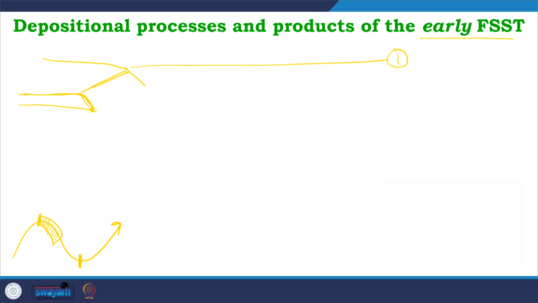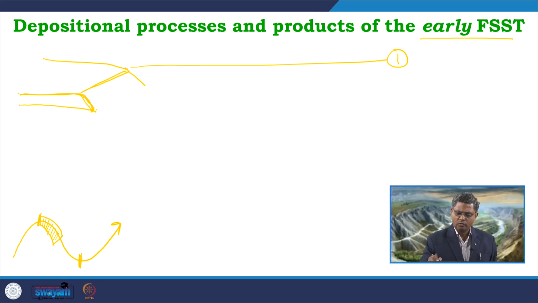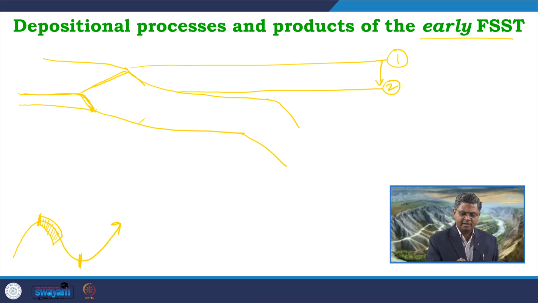Now, from this level, base level is falling down to, say for example, level 2 somewhere here. Say this is the shelf area, and from here on we have the shelf break. So, maybe it is coming down to somewhere here, which is level 2. So, now the sea level is somewhere here.